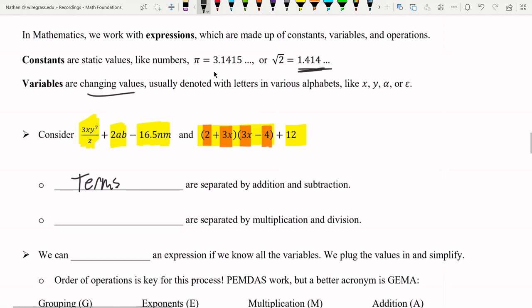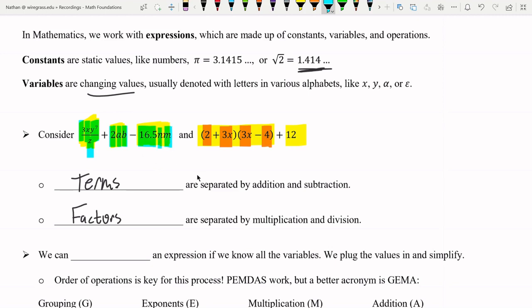Now, within terms, there are factors, and factors are separated by multiplication and division. So within this first one, we have 3x, y to the 7th, and z. There's 4 factors all here. We have 2, a, and b. Those are all each factors. 16.5, n, and m.